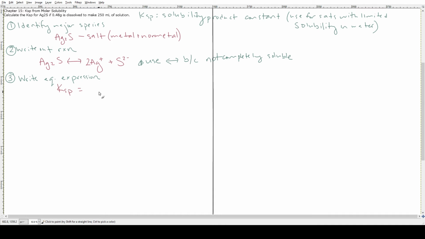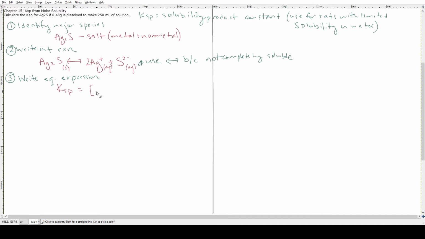KSP is equal to, so now we know we started with a solid. We are dissolving it, so it must have been a solid at the start. Here, I'll add those labels. And then it's dissolved, so we end up with aqueous and aqueous. So keep that in mind when you're writing this expression.